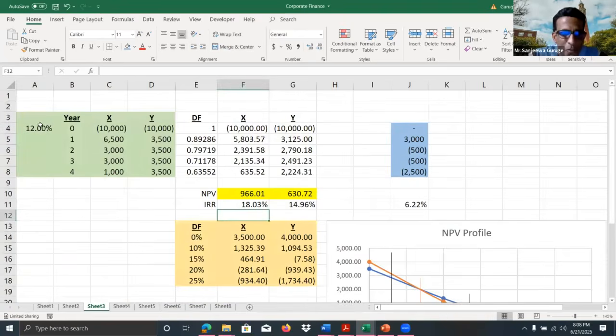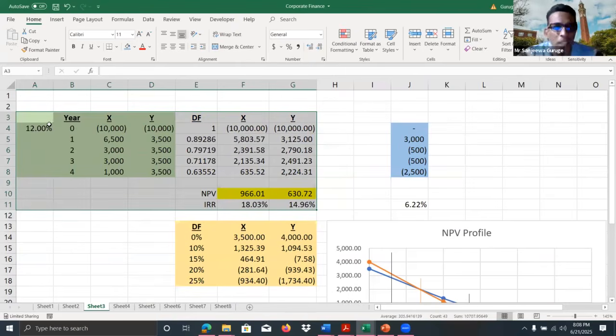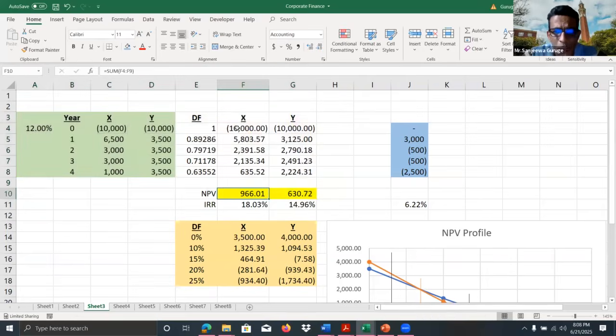Now, for example, when we calculate these values for these projects according to the initial estimates, we call it the base case. Does this mean project X will definitely generate a net present value of 966? Is that the meaning?